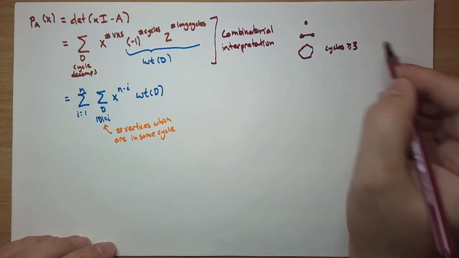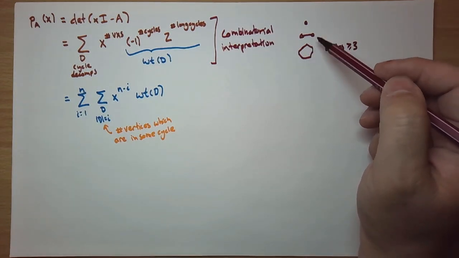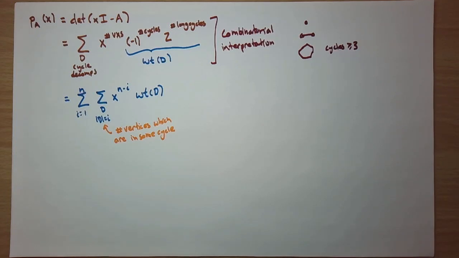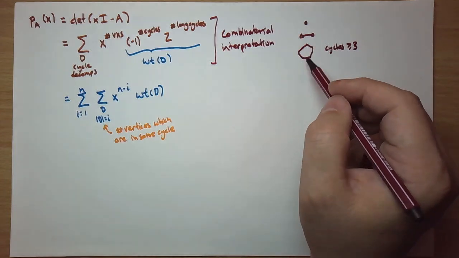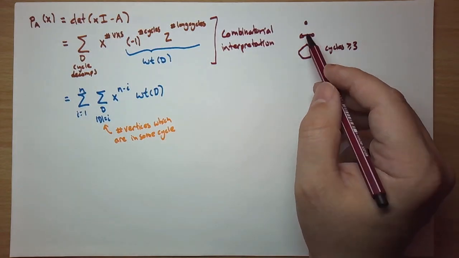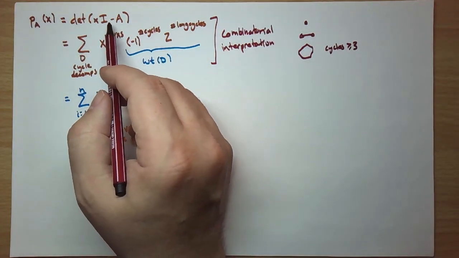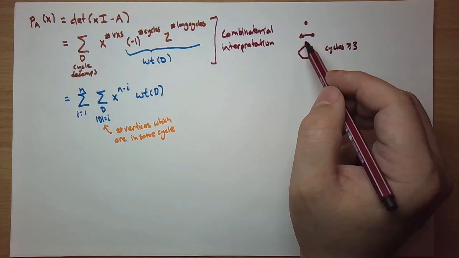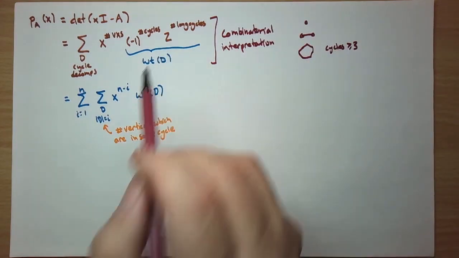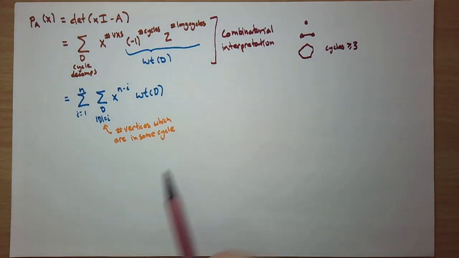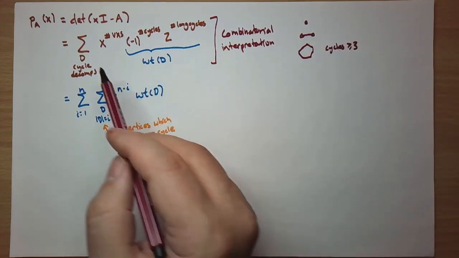For each cycle we get a contribution of -1. When the cycles are at least length 3, it comes from two places: the sign portion of the determinant and the fact that there's a minus there. Then you just have to keep track. When the cycle is length 3 or greater, there are two possible orientations, which is why we have this 2 to a power. And isolated vertices correspond to when we take the diagonal term, and that's why we get x.